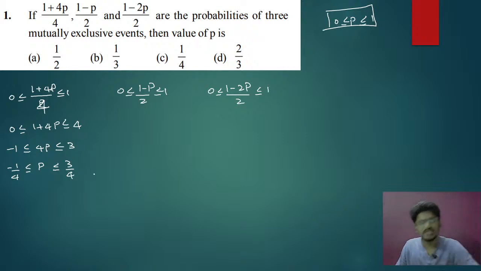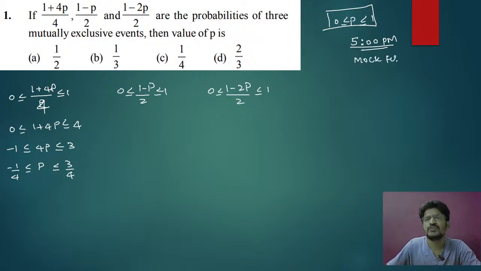The schedule of classes is always from evening, we will have at 5 p.m. Today at 5 p.m. we have a mock test, that is live on sets. Someone is asking about the schedule, so that's why I am explaining.